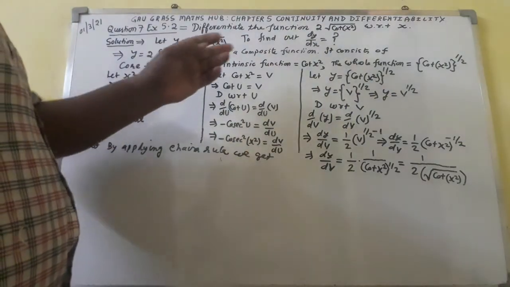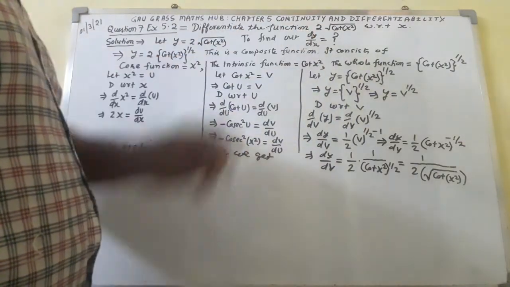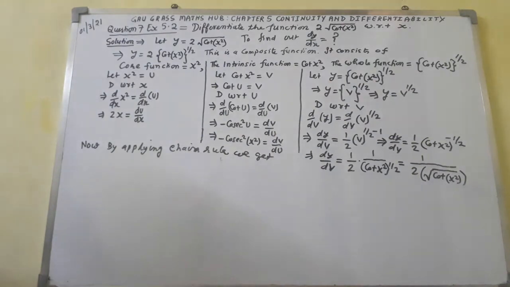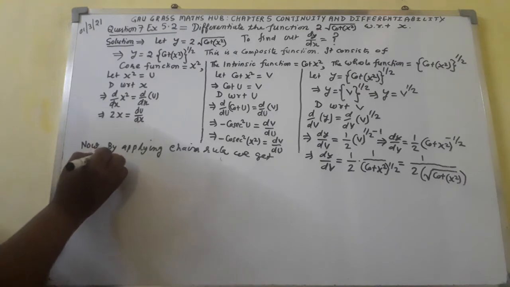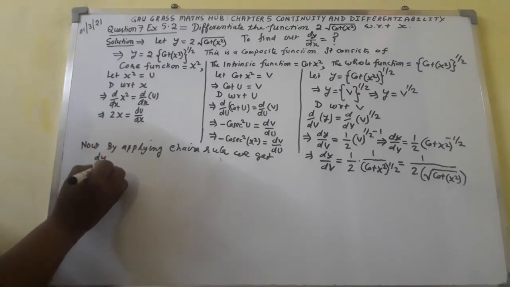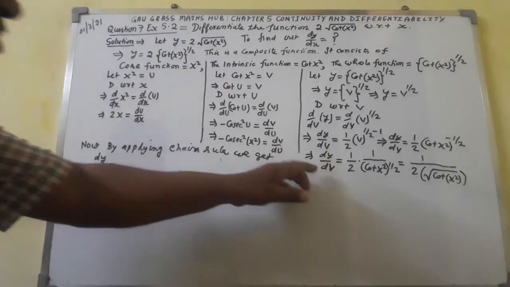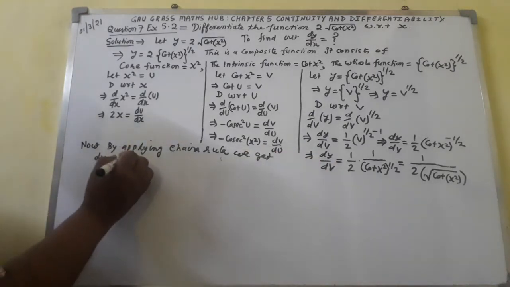So we have to find out dy over dx. By applying chain rule we shall get dy over dx equal to dy over dv.